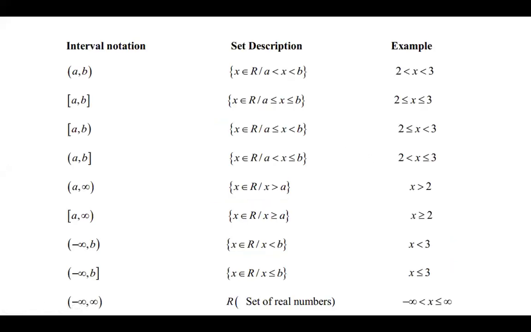All right, so when we talk about interval notations, this is what we actually talk about. The most important thing that you need to know about intervals, I think, is just the brackets and what they mean. We have this kind of brackets. We also have this kind of brackets. And we also have to know that every time we're talking about intervals, you are simply talking about the set of real numbers.